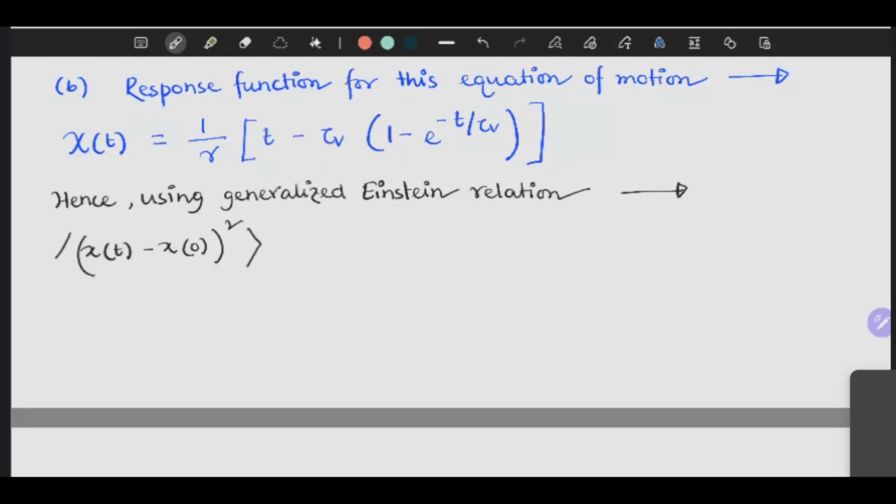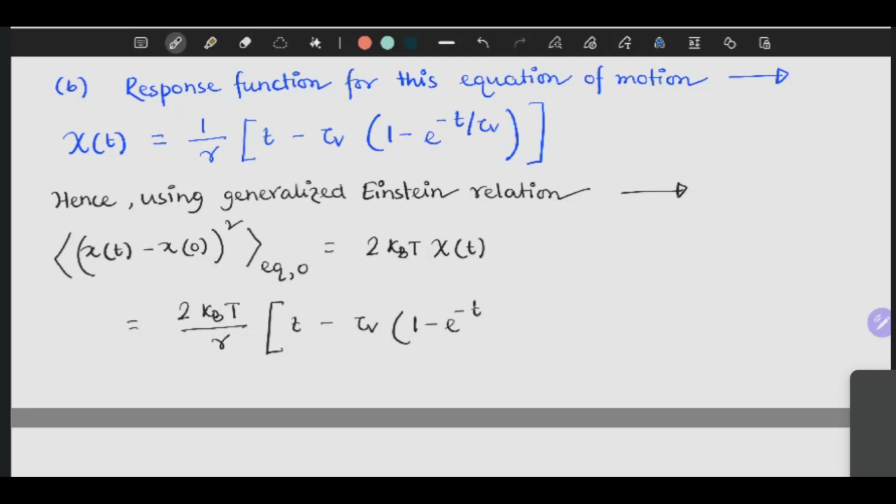At equilibrium at time equal to 0, that should become 2 kBT into the response function, that becomes 2 kBT by gamma into (mod t minus tau v) into (1 minus e to the power minus t by tau v).